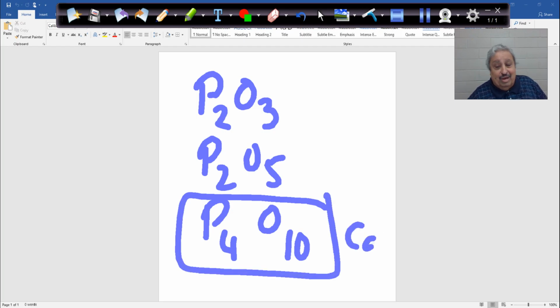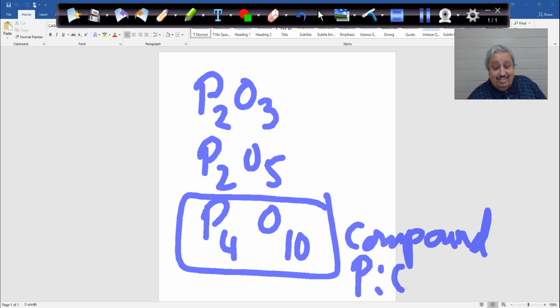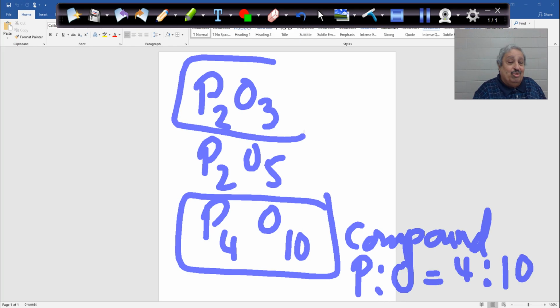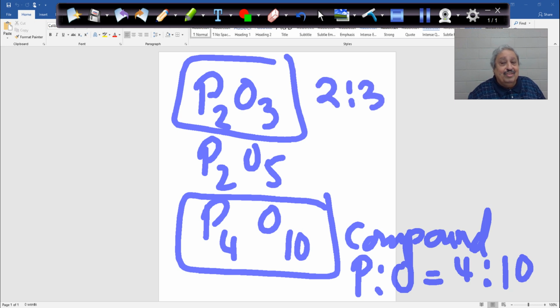This one is a compound. Correct? Why? Because the phosphorus to oxygen ratio is 4 to 10. That's very large, correct? So this is the smallest one between them. These are the oxides of phosphorus. So this is the smallest one, 2 to 3, the smallest ratio. So this is a molecule.